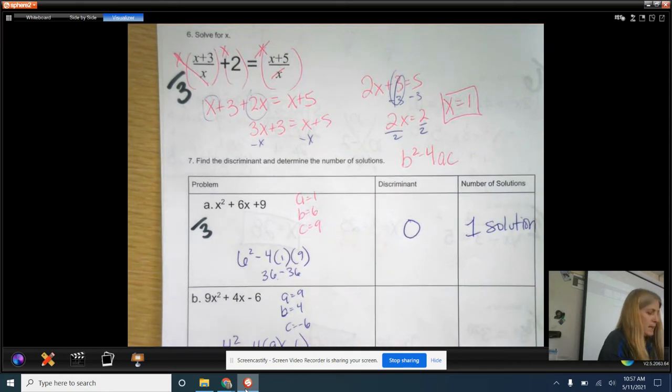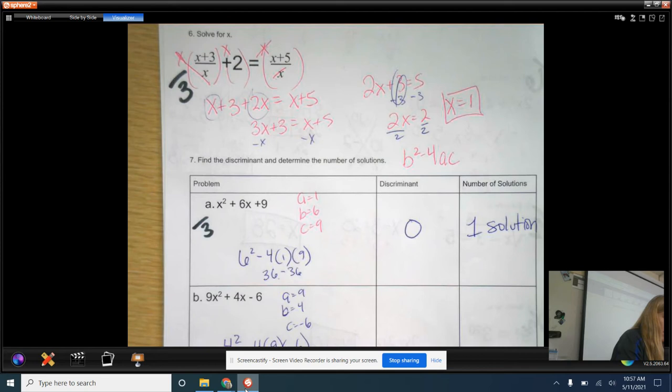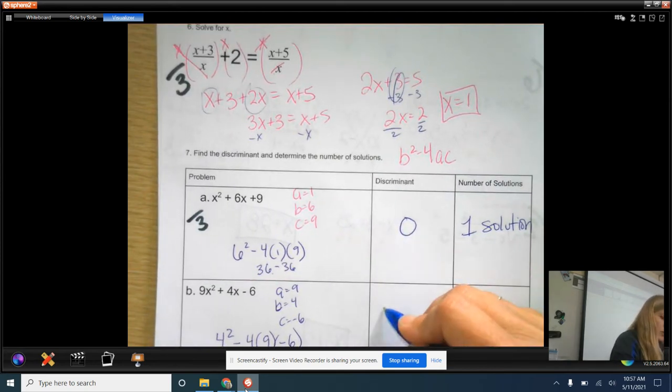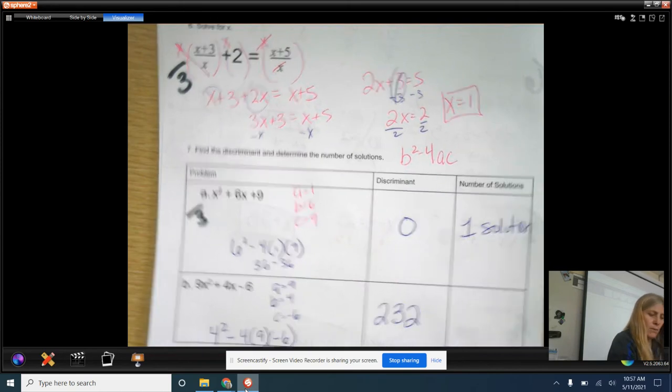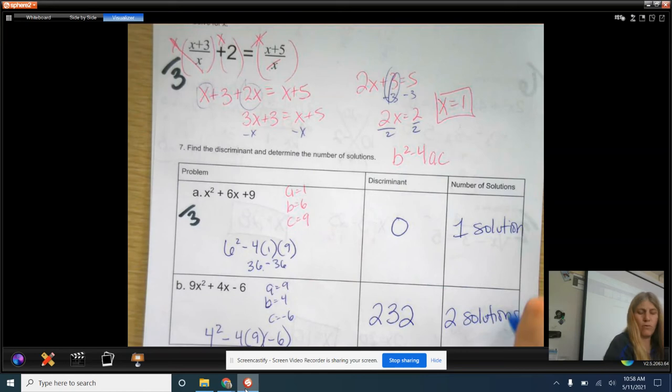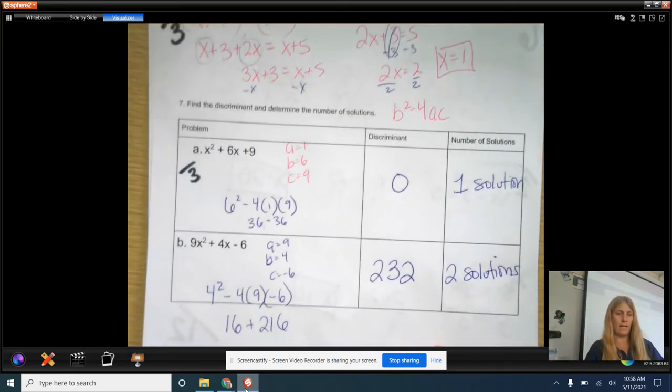Negative 4 times 9 is negative 36 times 6 more. I'm using my calculator. So 36 times 6 is plus 216. And so that gives me a discriminant of 232, which tells me that there are two solutions. My parabola is going to cross the axis twice.